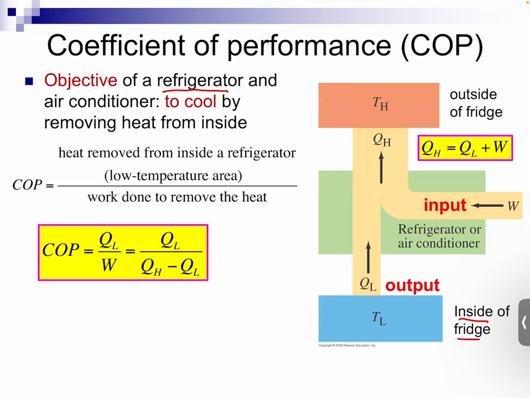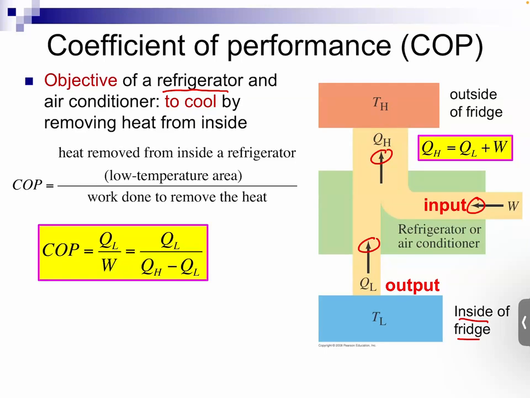So we can write that if the output is QL and the input is W, then that's QL over W. But also energy still needs to be conserved. So if you notice the direction of the arrows here, QH should be equal to QL plus W. Right? Whatever goes into the refrigerator should be the same amount of energy going out of the refrigerator.